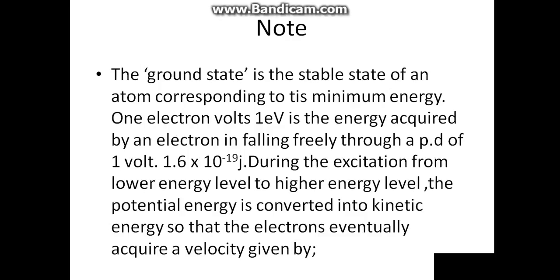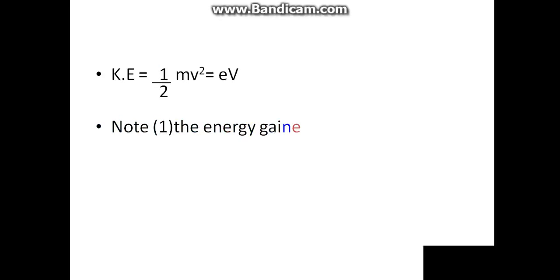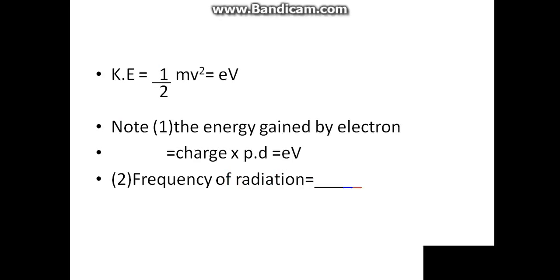So the electron acquires a velocity given by KE equals half mv squared, which is equal to eV. Note: the energy gained by an electron is equal to charge times potential difference, which is equal to eV. Also, frequency of radiation is equal to the velocity of light over wavelength.